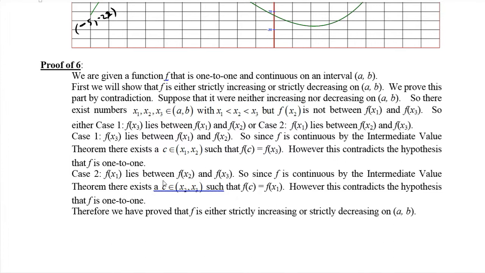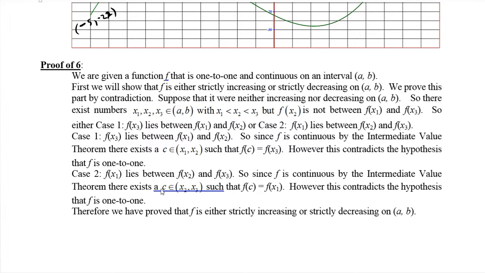And in the same way, if f of x1 is between here and here, that's the other possibility. Since both of these lead to a contradiction, our original assumption right here must be false. And the same kind of thing happens here.